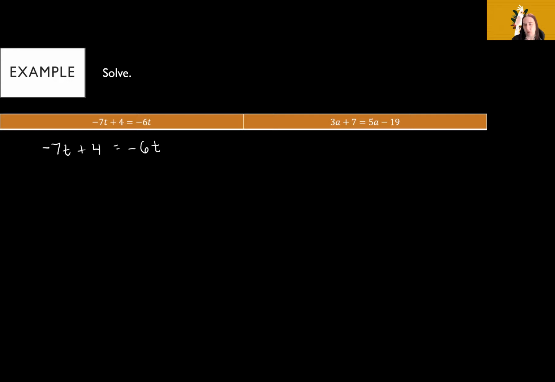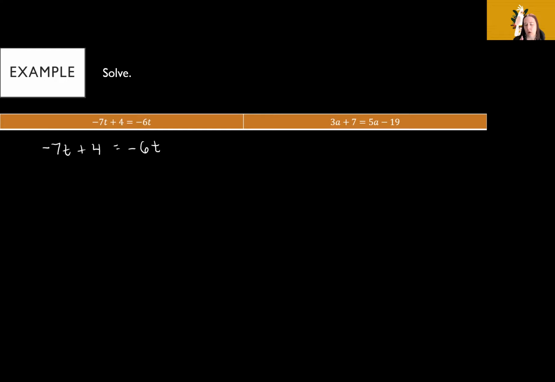I have a variable on both sides. So I could choose to move my variable to the left and make the negative 6t be on the left side, and then put the number on the right. Or I can put my variable on the right and keep the number on the left. If one side has only one thing, that kind of drives what you do.